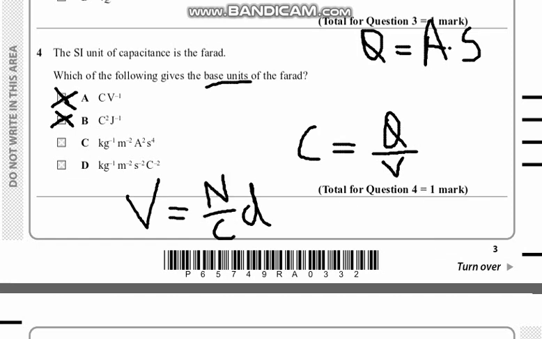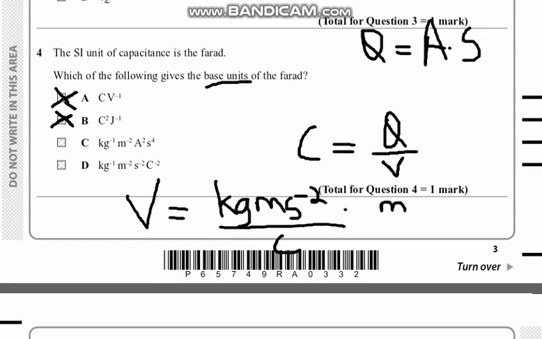Changing the units of d, which is meter, and we know that Newton is measured in kg meter per second squared. So there you go, kg meter per second squared into meter. And C, what I'll do is I'll take the S or the time down, so it becomes S squared, and then meter into meter will become meter squared. There you go, V equal to kg meter squared upon S squared C.